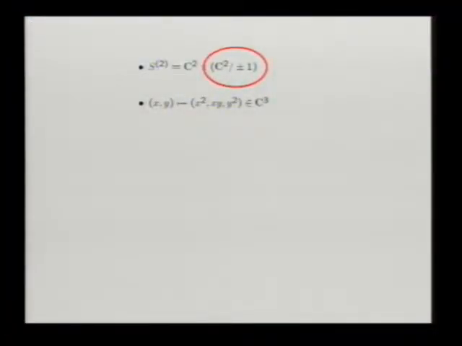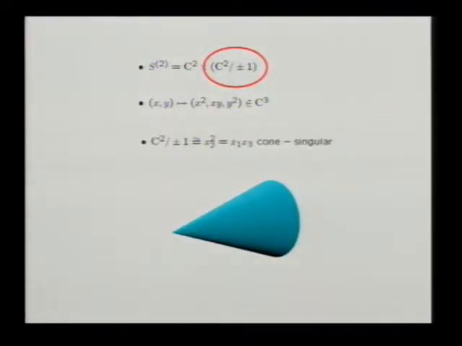One way to do it is to look for invariant polynomials. So if we think of x, y as being coordinates in C^2, then x squared, that's invariant under multiplying by minus 1, so is y squared, so is xy. And in fact, if you look at any polynomial in these two variables which is invariant under this action, it is in fact a polynomial in these three variables. But there's a relation, and of course the relation is that the middle one, square the middle one, and it's the product of the other two.